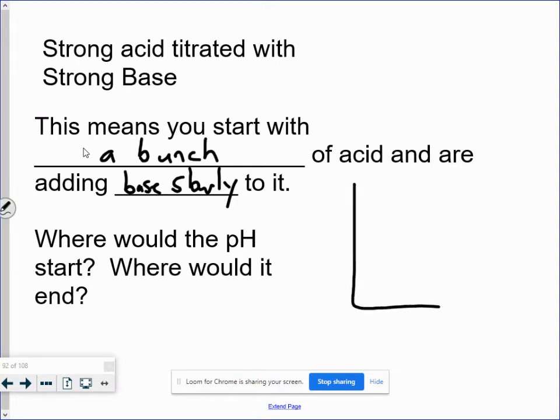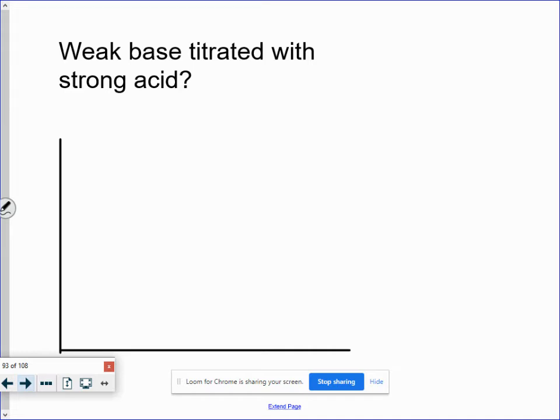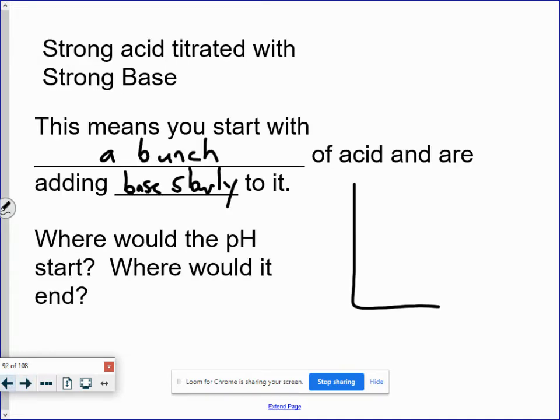So is that on the next slide? I forgot. Nope. Okay. We'll do a mini one right here. So we have pH. And what are we adding? Strong base. Right? So let's put our 1, 7, 14. So we have lots of strong acid. Before we add any base, its pH is going to be low.